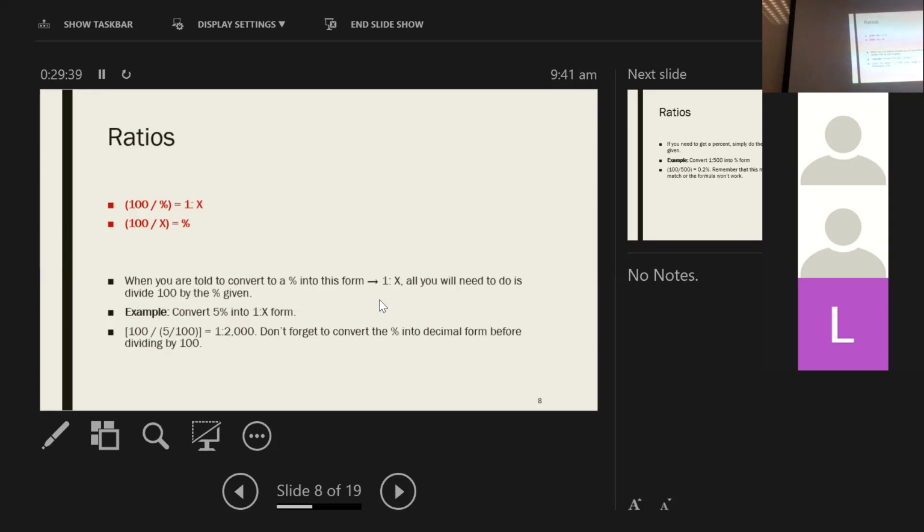Okay, so let's do this. When you take it over to the other side, the rule in math is that whatever you do on the left side of the equal sign, you have to do on the right side. So we take 100 over X, and to cancel it, we have to say times X over 1, right? Okay, what we did here is what we have to do here.